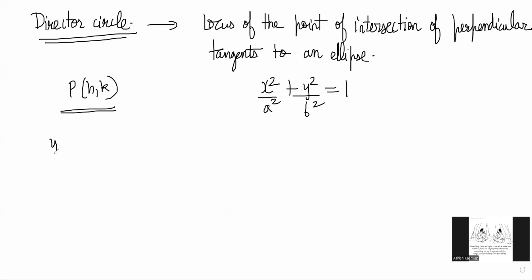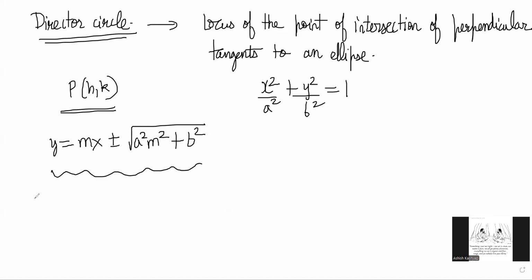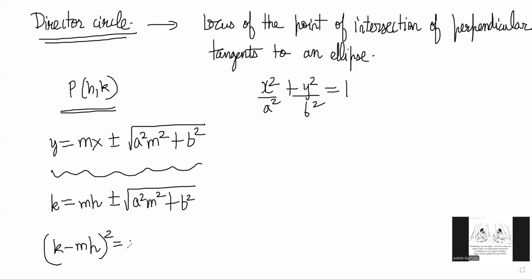The equation of the tangents would be y is equal to mx plus minus root over a square m square plus b square. And this tangent has the point h comma k on it. So therefore we can say k is equal to mh plus minus root over a square m square plus b square. And we can write it as k minus mh whole square is equal to a square m square plus b square.